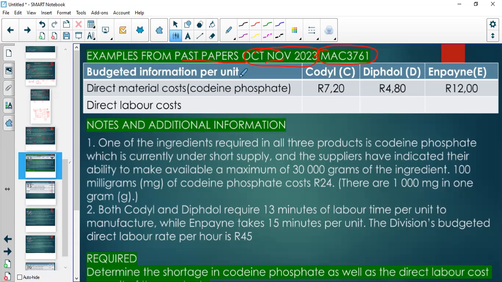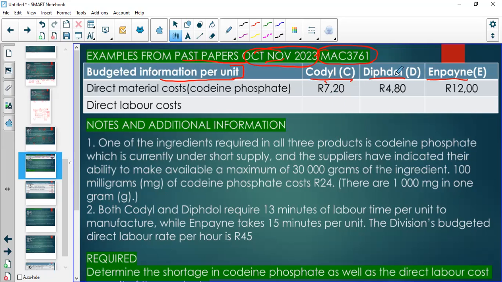We are told that this is budgeted information per unit. So we have 3 products. They're some prescription, some pharmaceutical drugs, I don't know. But whatever they are, that's not important.